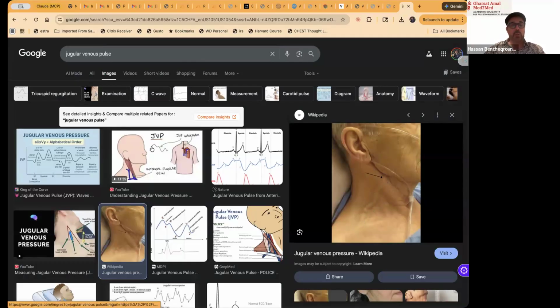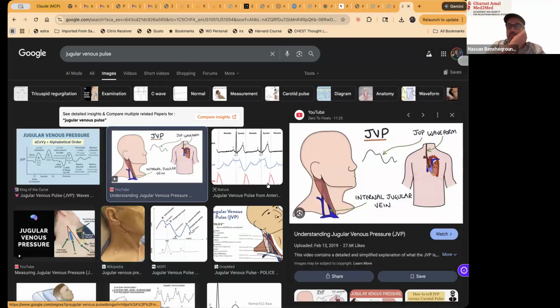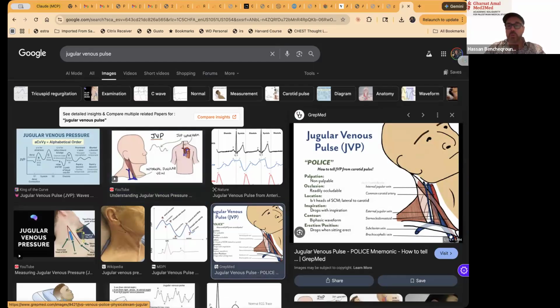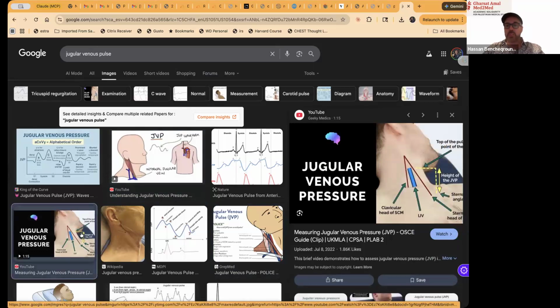So how do we measure that? Well, here's the internal jugular behind the sternocleidomastoid, right? To measure the pulse, you lay the person with the head of the bed elevated at an angle. You turn their head to the left. You uncover this area.